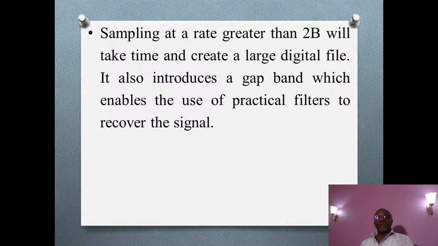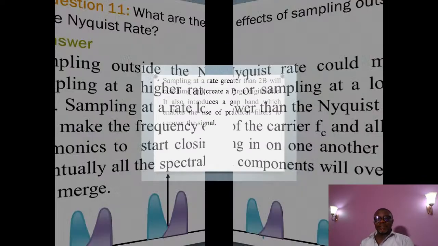If you sample at exactly 2B, that is the Nyquist rate, you will have to have an ideal filter to be able to get from zero to B in that signal.